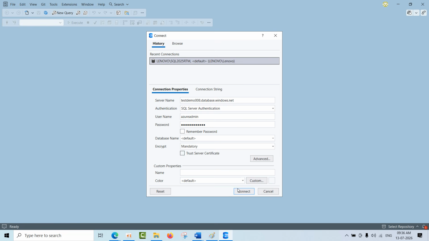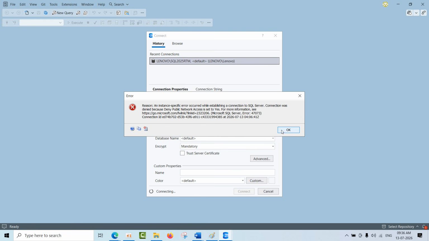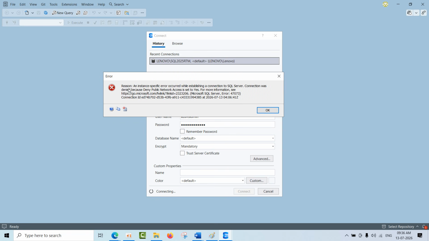Can you see? Can anyone read this error for me? Anyone? Connection was denied because public network access was set to deny.